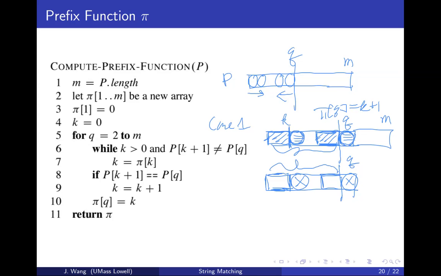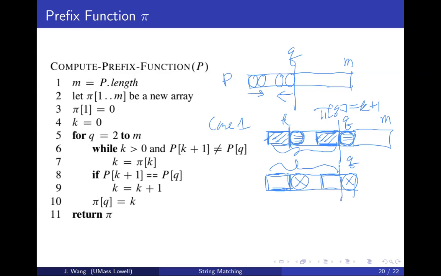When it's not equal, I'm going to look at here.